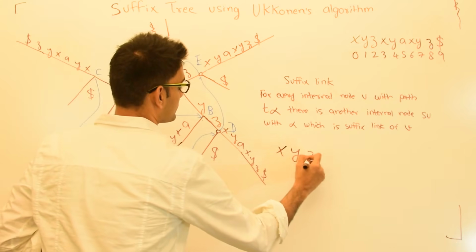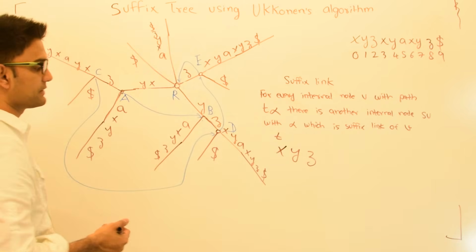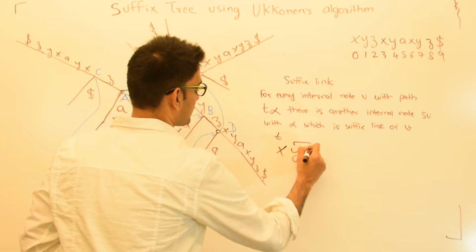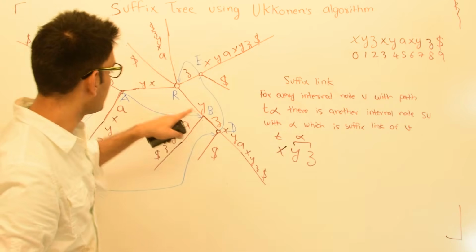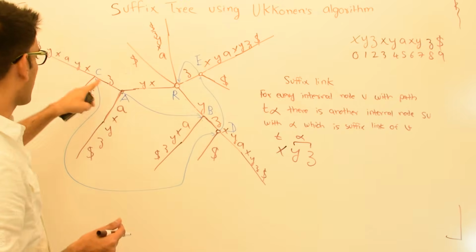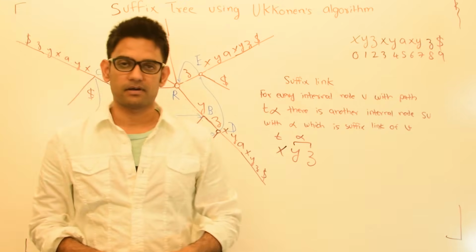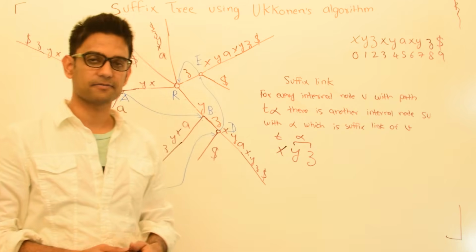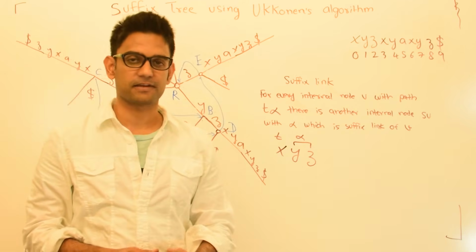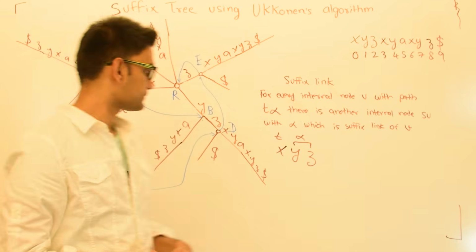X, y, z. Here t is x. Again, t is a single character while alpha is 0 or more characters. And this is alpha. So then d must be having a path yz, which is why d is the suffix link of c. As per the paper, there is a proof which says that every internal node will have a suffix link to either another internal node or to the root.